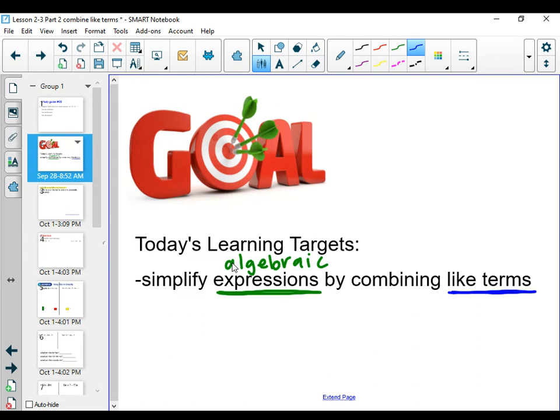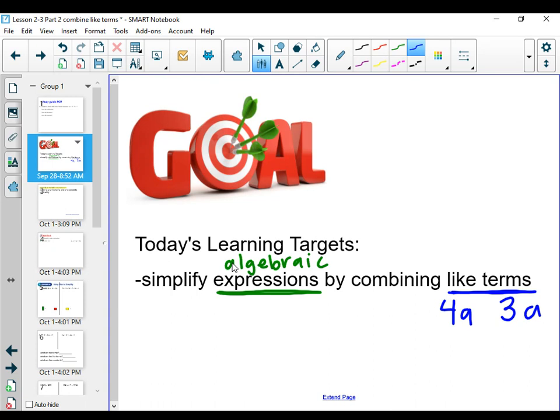Like terms have identical variables. One of the problems yesterday had some A's in it, 4A and 3A. Those are like terms. And actually, you can combine like terms.